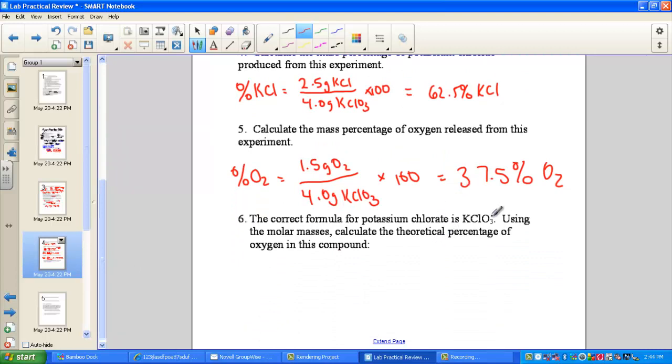The correct formula for potassium chlorate is KClO3. Using molar masses, let's calculate the theoretical percentage of oxygen in this compound. So not from mass data, but from actual percent data using atomic weights. KClO3: potassium has a molar mass of 39, chlorine has a molar mass of 35.5, oxygen has a molar mass of 16, but there's 3 of them in this formula for a total contribution of 48.